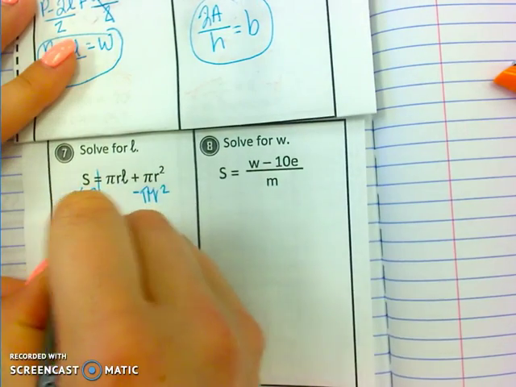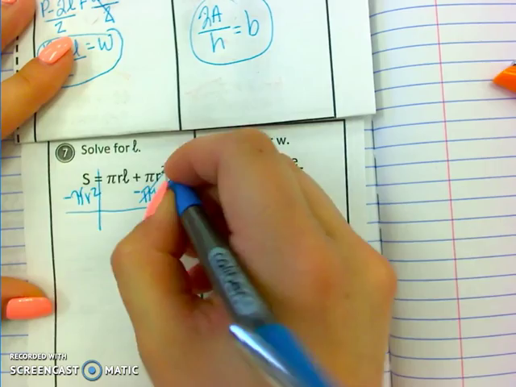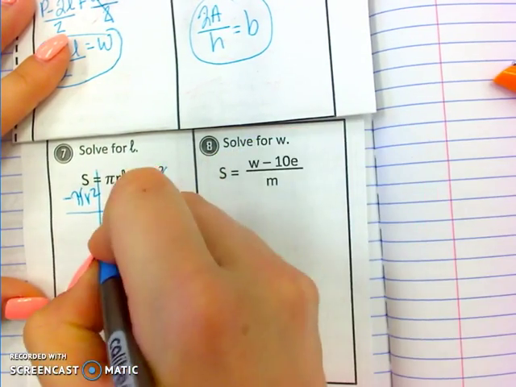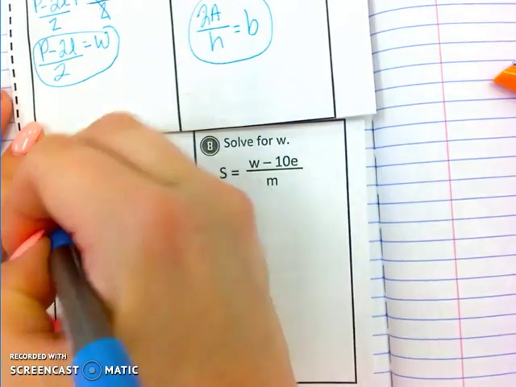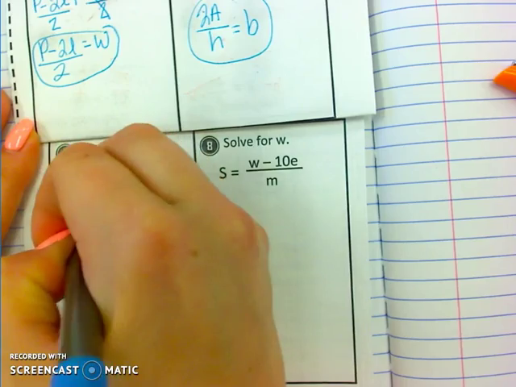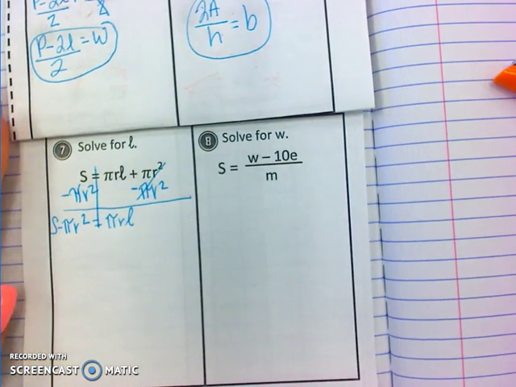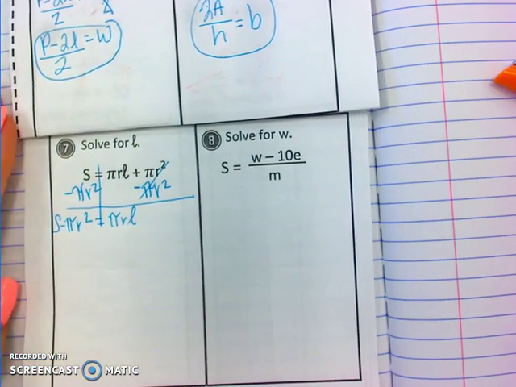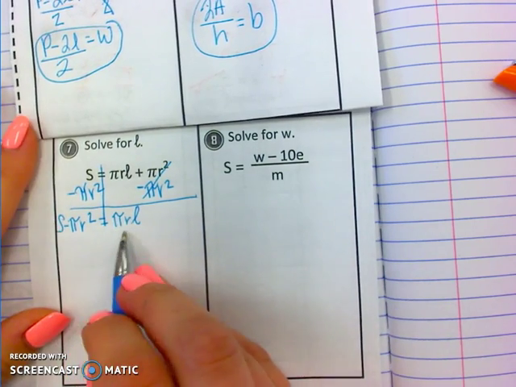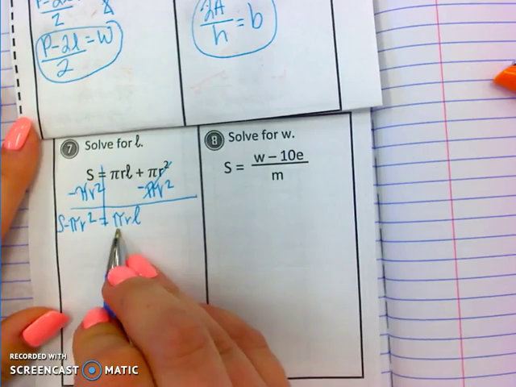Okay. I have pi rl is equal to s minus pi r squared. And the last step is to divide by whatever's with my L, which is pi r.